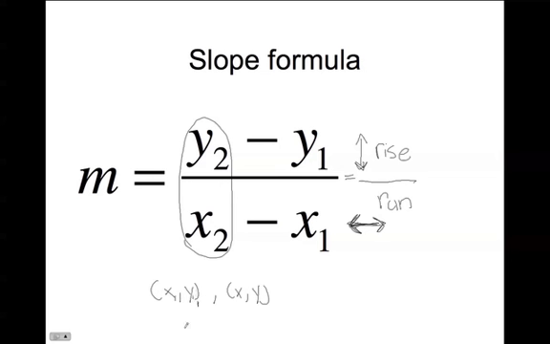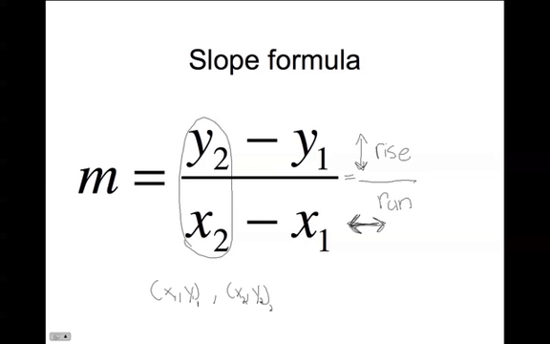They have to be from the same point, otherwise it won't work. We'll get something that looks like a right answer, but it won't. It'll end up being positive when it needs to be negative, or negative when it needs to be positive. And of course, this one would be point 2, so this would be x sub 2 and y sub 2.